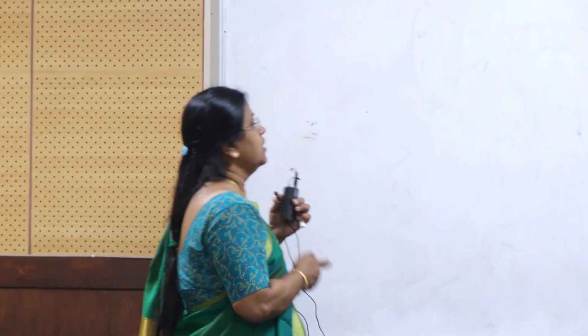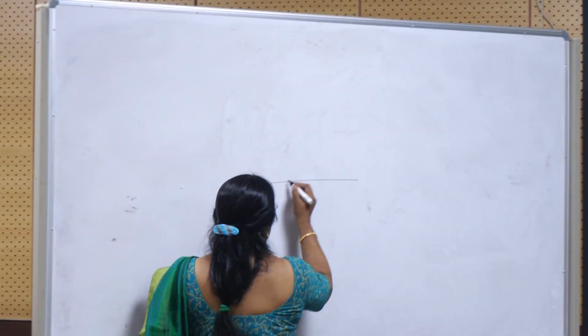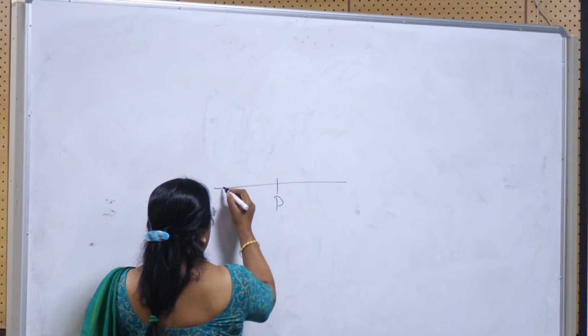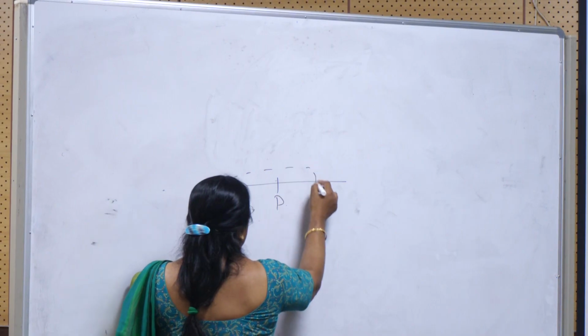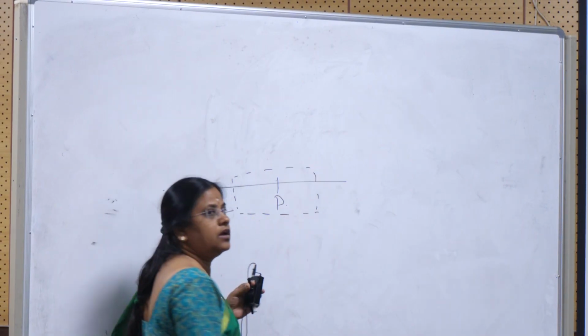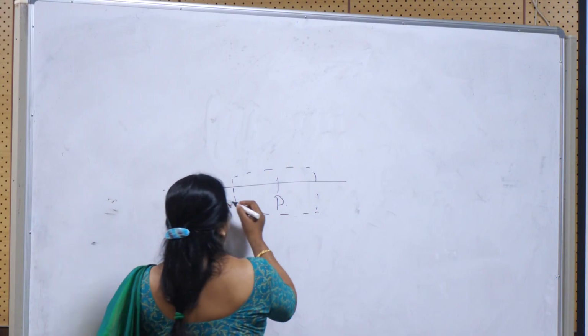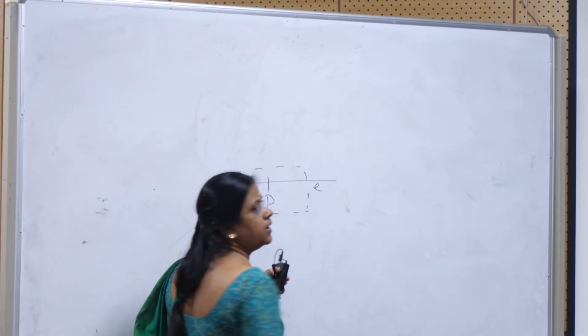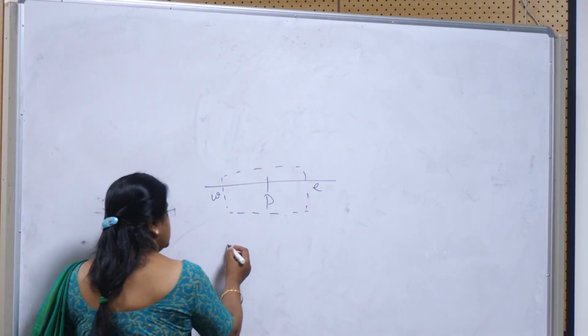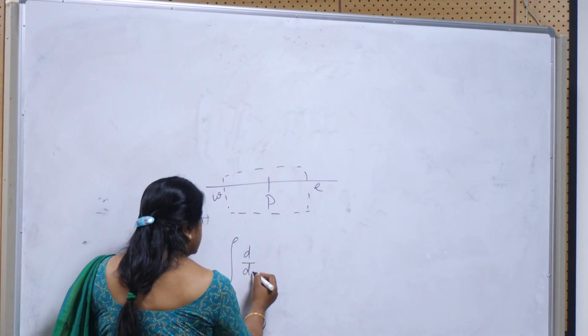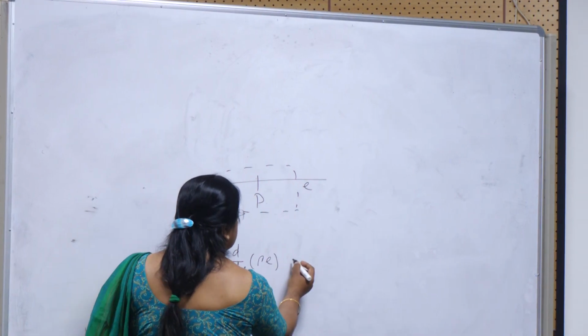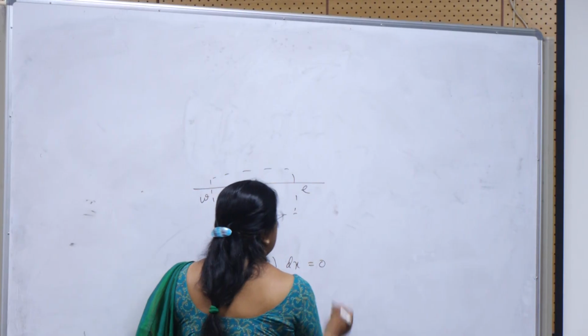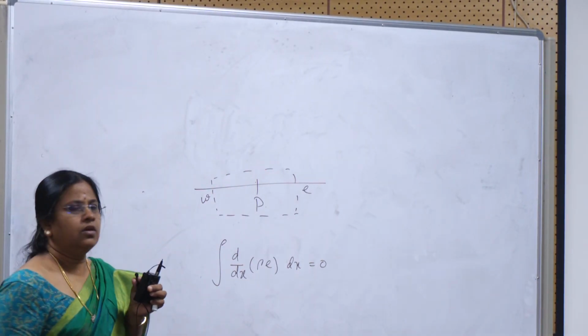So integrating over the control volume. Integrating over the control volume from where to where? Yesterday also we have seen, no? Here we have a control volume, and here is the point node P surrounded by the control volume. If we take the control volume, it varies from west to east. So the first equation, the 1D case, integrating over the control volume.